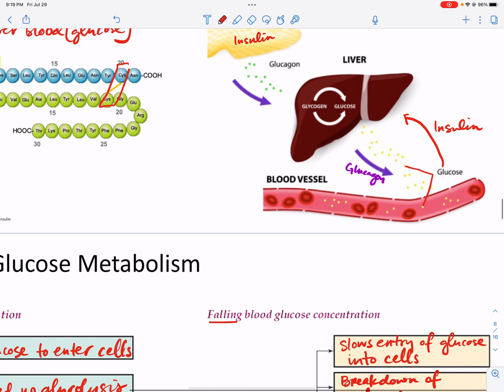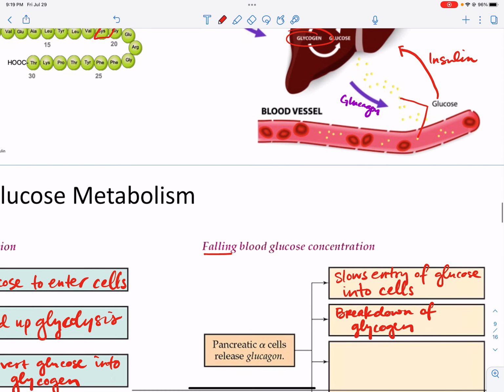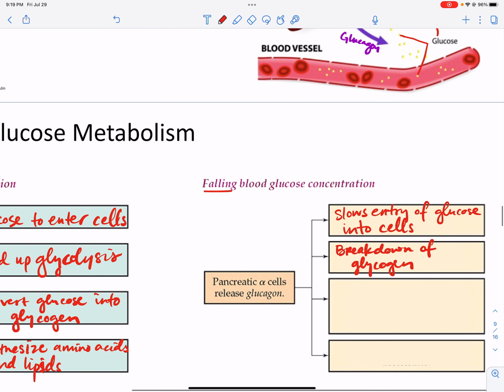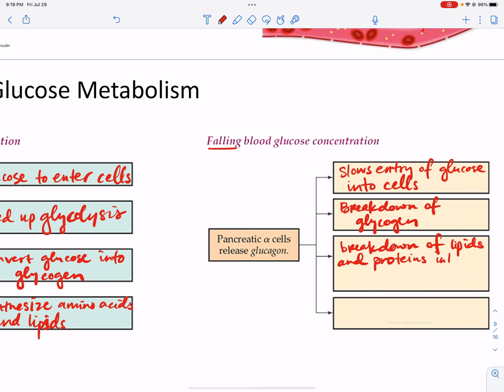So again, glycogen is stored in the liver, and if we break it down into glucose, then we can dump it into the blood, which would increase our blood glucose concentration, which is what we want here. And then it's also going to cause the breakdown of lipids and proteins into glucose.